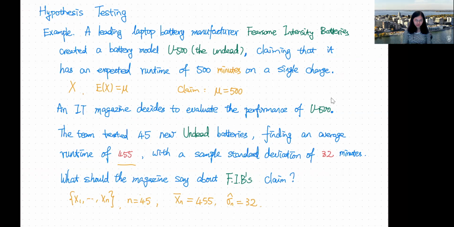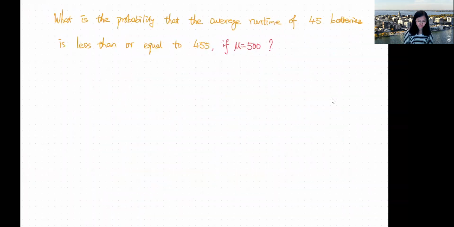So to answer this question, we could think about the following question. What is the probability that the average runtime of 45 batteries is less than or equal to what we observe in our sample? Answering this question is useful.